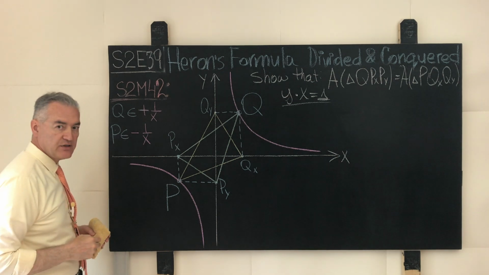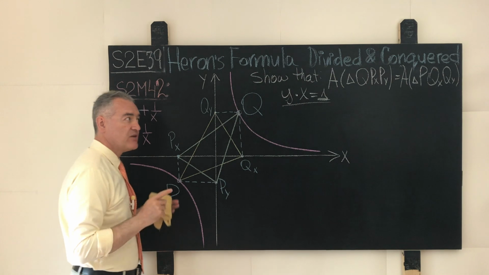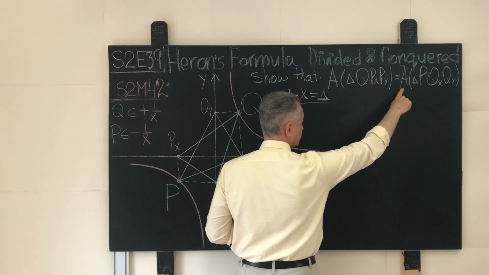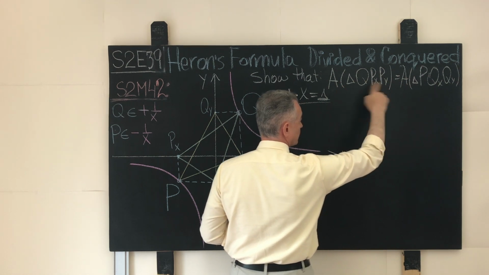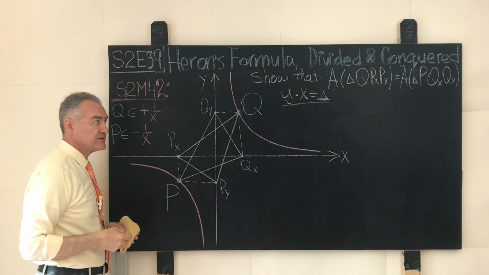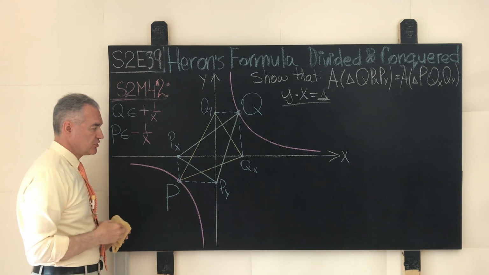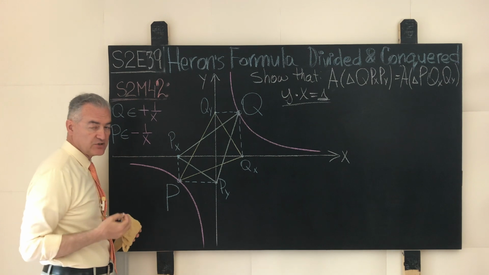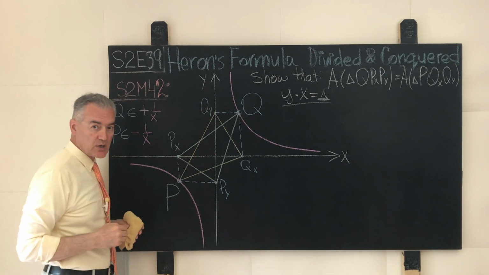And apparently the author of this problem is somehow sure that the areas, this time I designated with the uppercase A, just because for my brain it's easier, area A, the area of these two triangles, is apparently one and the same. In other words, your mission, should you choose to accept it, is to generate a convincing proof, a convincing line of reasoning, using the divide and conquer problem solving approach.